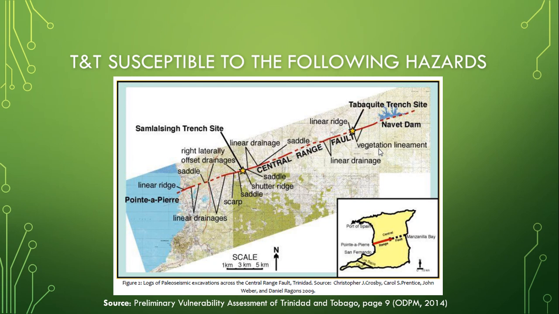So when you combine that vulnerability because of the geology in that area to the presence of industrial activity close by, we have an increased risk of industrial hazards occurring in that area.